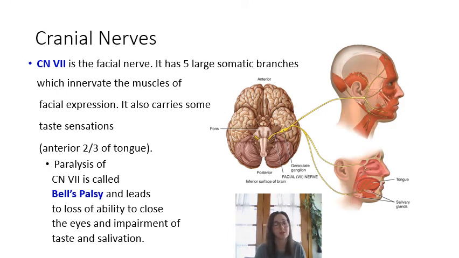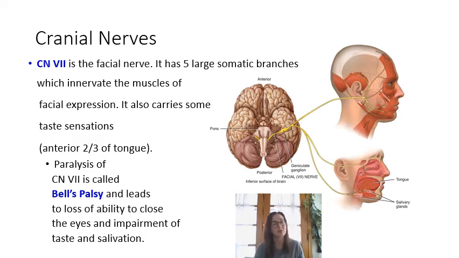All right, so we already did cranial nerve 6 when we talked about the eyeball. Cranial nerve 7 is your facial nerve. Cranial nerve 7 innervates a lot of the muscles associated with facial expression. So happy face, sad face, any kind of movement of your face. The muscles involved in those movements are probably going to be innervated by cranial nerve 7, which is your facial nerve.